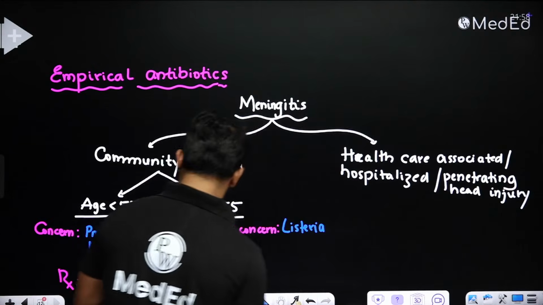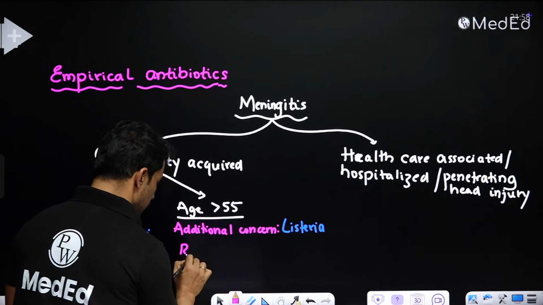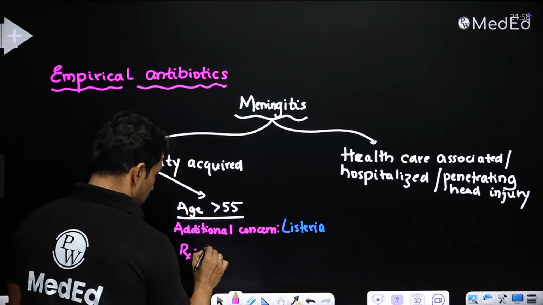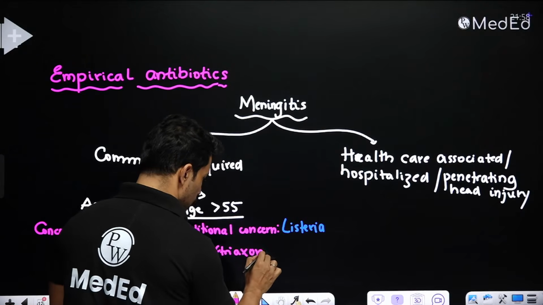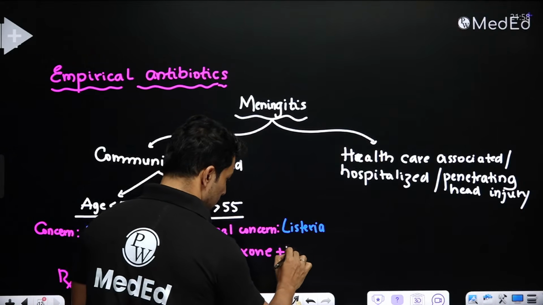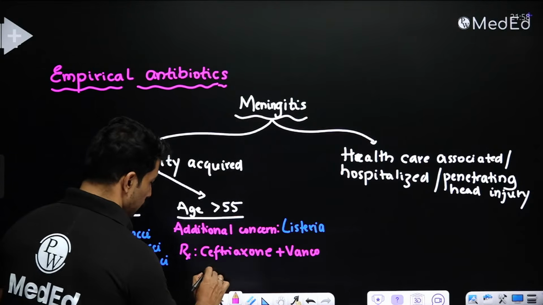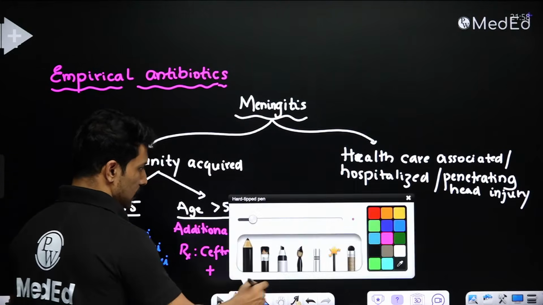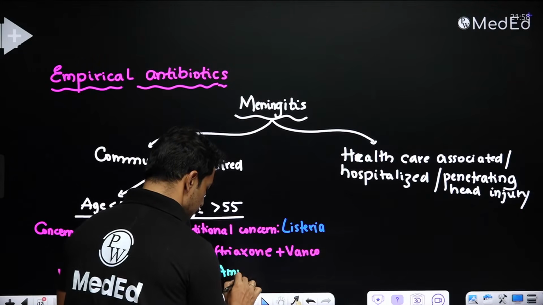So my treatment here will be ceftriaxone to cover the two most common organisms, plus vancomycin to cover for the staphylococci, plus, to cover for the Listeria, I would require ampicillin to be added.